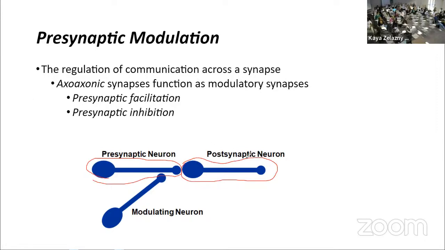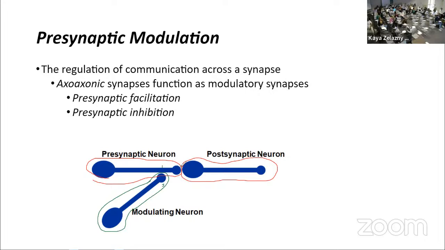It's not coming in separately to that postsynaptic neuron. What we see instead is that the modulating neuron is jumping in at the end of this connection with the presynaptic neuron. So it's jumping in here, and we can see what we would call an axo-axonic synapse, because it's between the axon terminal of this neuron and the axon terminal of this neuron. Okay. So they're coming together here at their end.